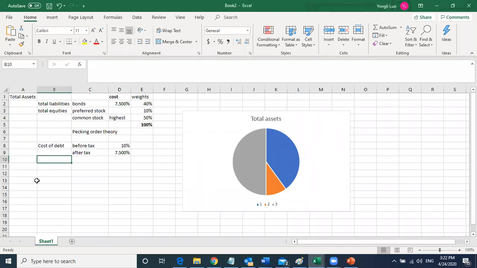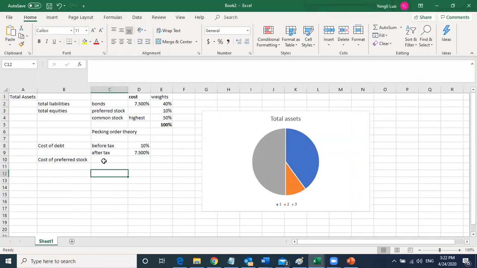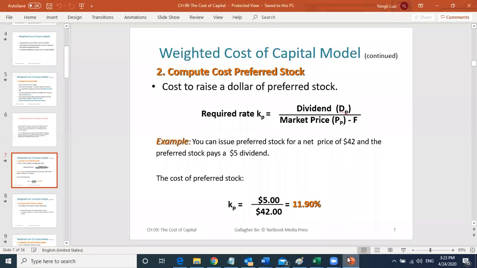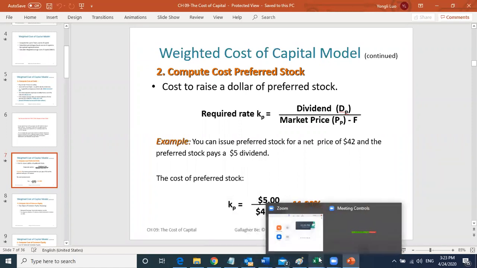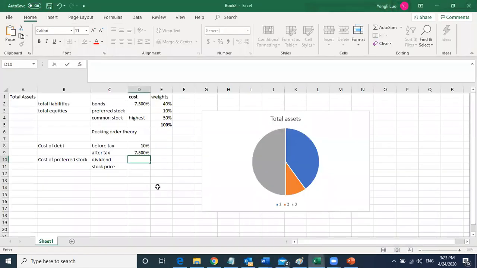So the cost of preferred stock is going to be the dividend divided by the preferred stock price. The dividend is $5 and the price is 42.